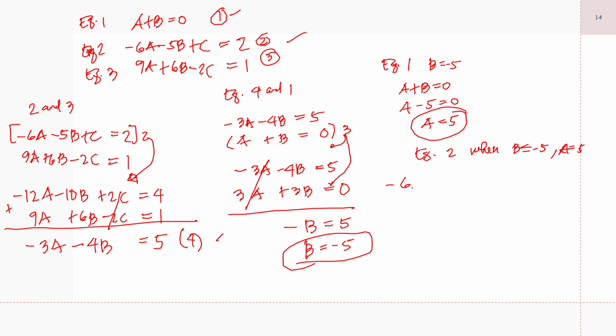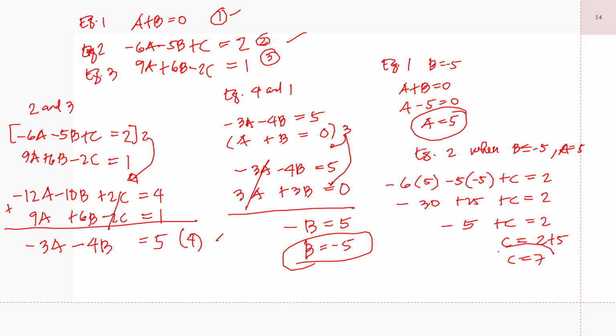So negative 6 times 5, minus 5 times b which is negative 5, plus c is equal to 2. So negative 30 plus 25 plus c is equal to 2. So negative 5 plus c is equal to 2. c is equal to 2 plus 5. c is equal to 7.